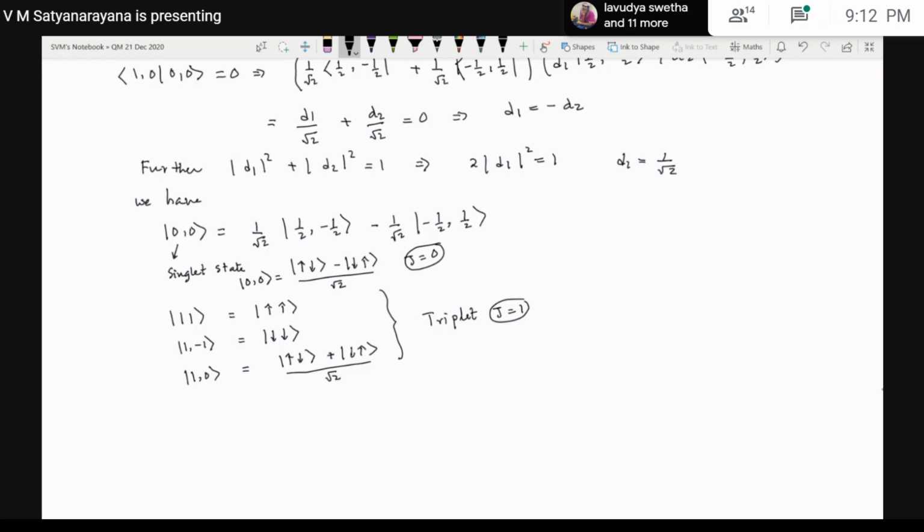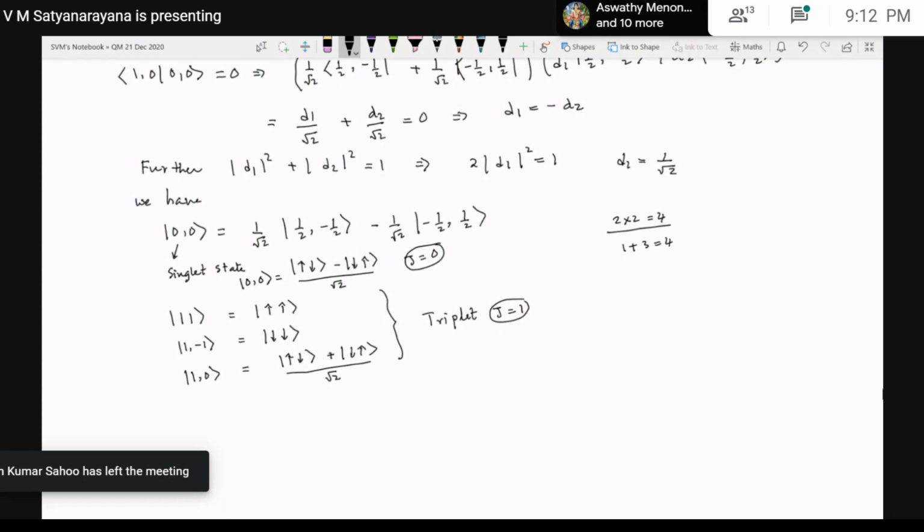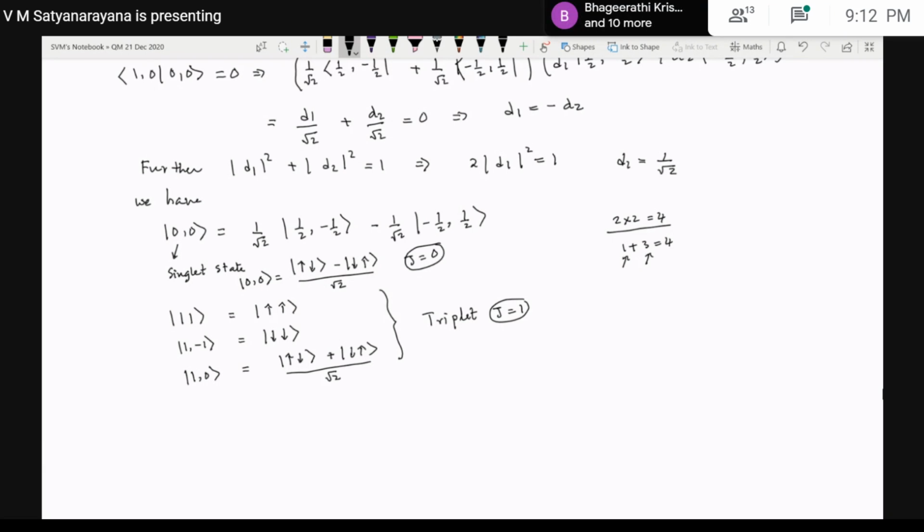Whatever 2 cross 2 is 4 can be realized as 1 plus 3 is equal to 4, right? So this is singlet and this is triplet. So this direct product to direct sum structure is there. The total Hilbert space is the same, but it can be decomposed as a direct sum.